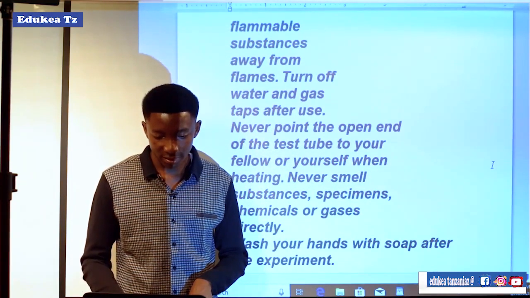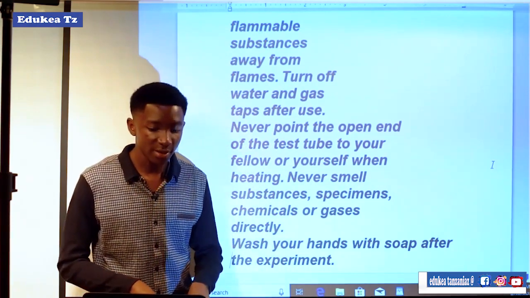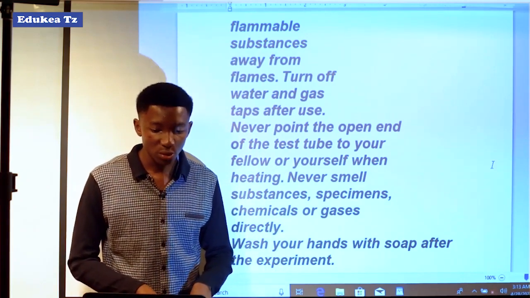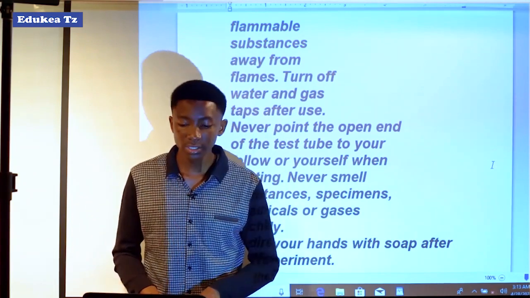Some materials are very dangerous, such as flammable substances, so you should know how to use them and avoid handling them roughly.